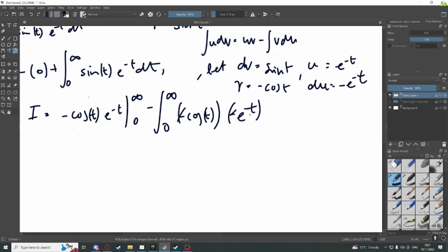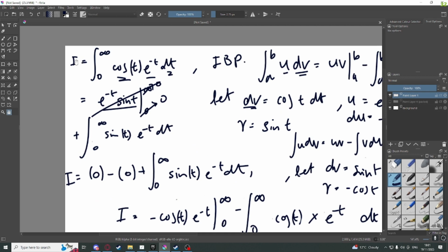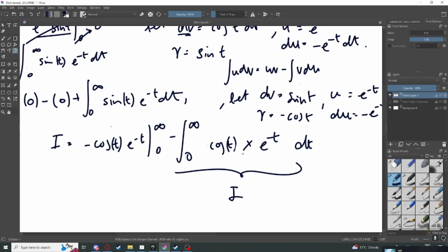My negatives will cancel out, so I'm just left with cos of t times e to the negative t dt. And remember that this was I, because here I is the integral from 0 to infinity of cos of t e to the negative t dt. I have the same thing here.